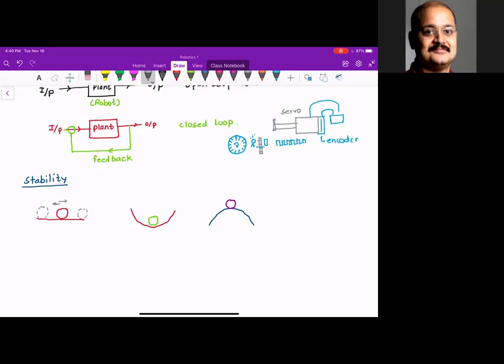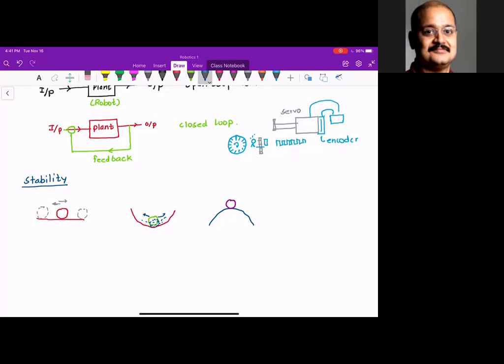In the bowl, if I nudge this ball left or right, you will notice that this ball will go back and forth and oscillate. But finally, the ball will settle where the energy is minimum. Everyone understood this? So, minimum potential energy.